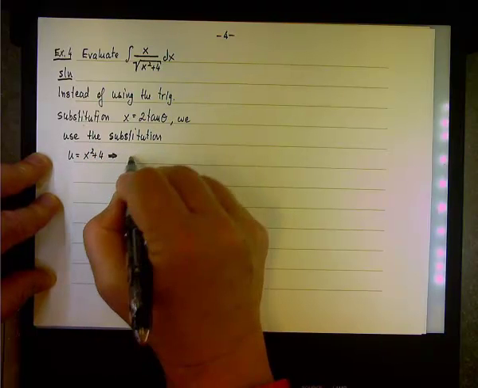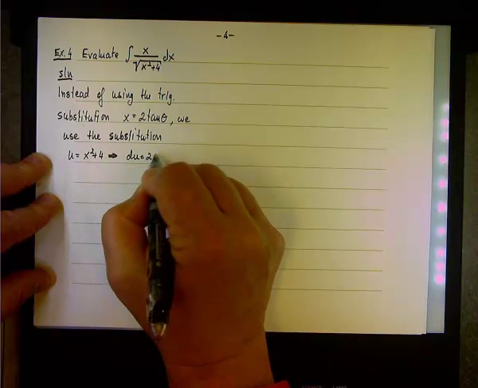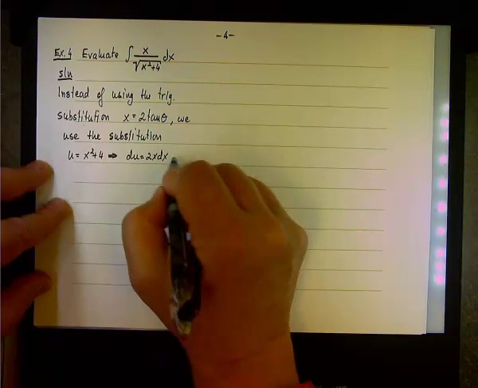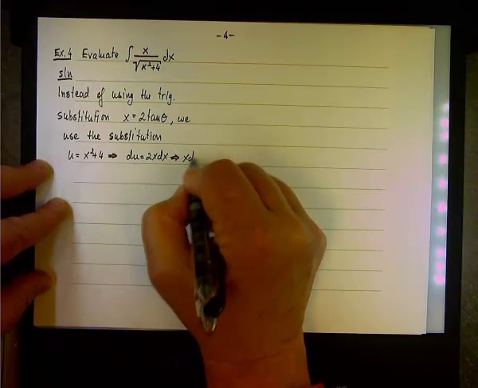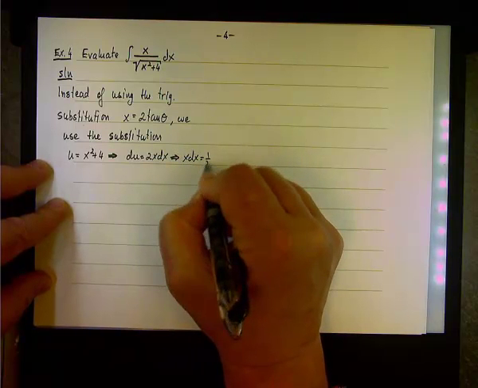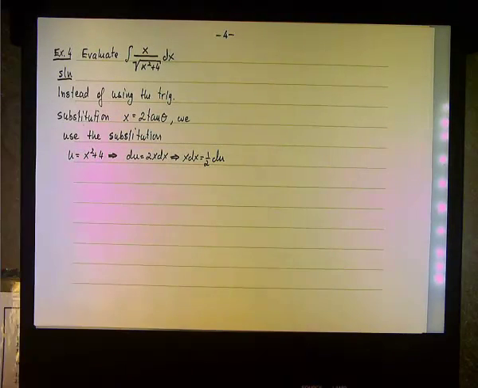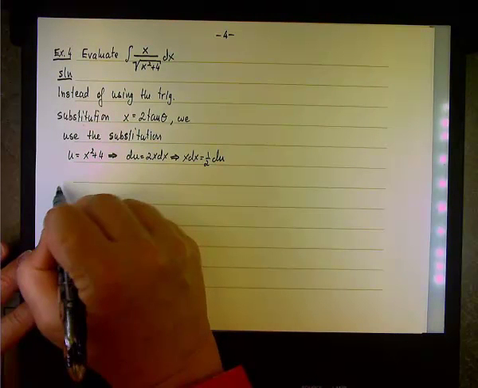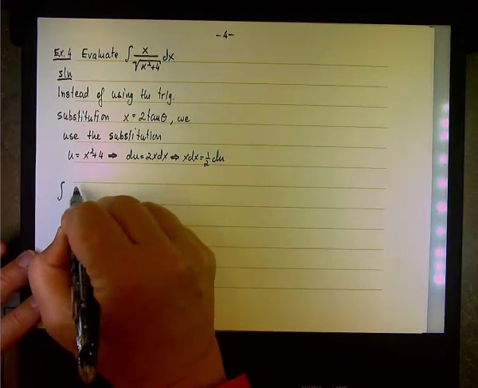If we do that, then you have du equals 2x dx. Since we need x dx, then x dx by itself will be 1/2 du. Okay? And this becomes a rather simple exercise.